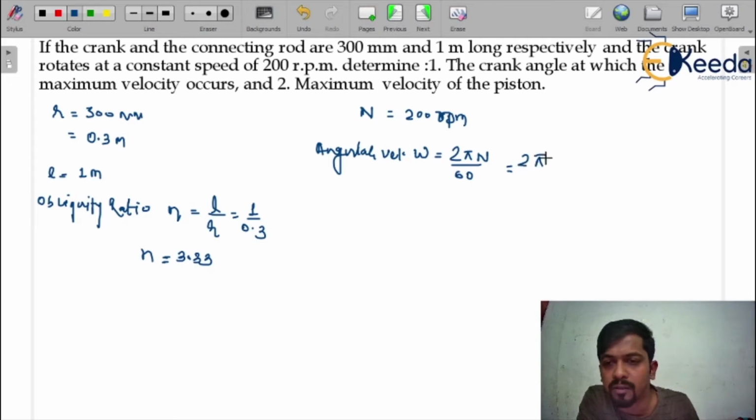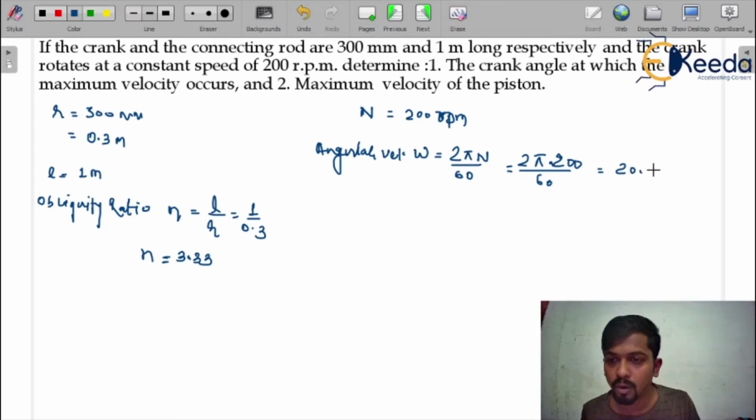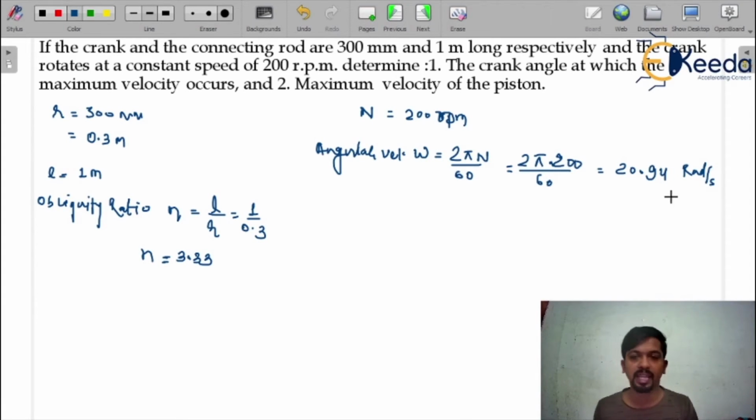So you put the value, 2 pi times 200 upon 60. Using a calculator, that comes out to be 20.94 radian per second. That would be the angular velocity of the crank.